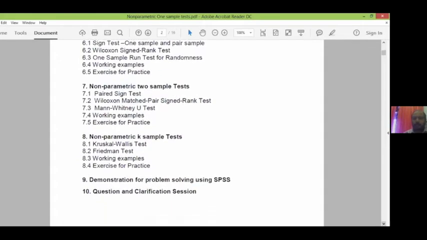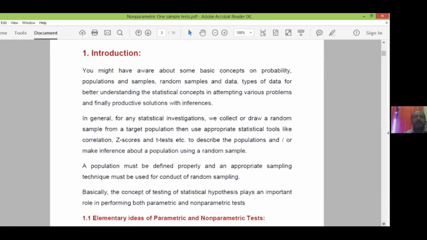Now I am coming to my introduction. In this introduction, you might be aware of some basic concepts on probability, population and samples, random samples and types of data, for better understanding of the statistical concepts in attempting various problems, and finally a productive solution with inferences. That is the main goal of learning the subject concerned.